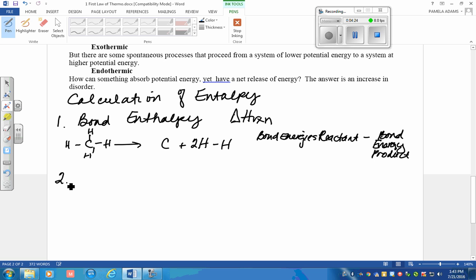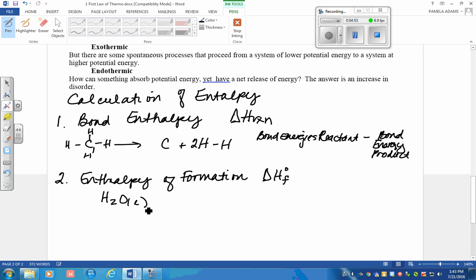Another way to calculate the enthalpy of a reaction is the enthalpy of formation. You can find in chemistry data in a chart something that looks like this. This is the enthalpy of formation of a compound. Let's say the enthalpy of formation for water in its liquid state.